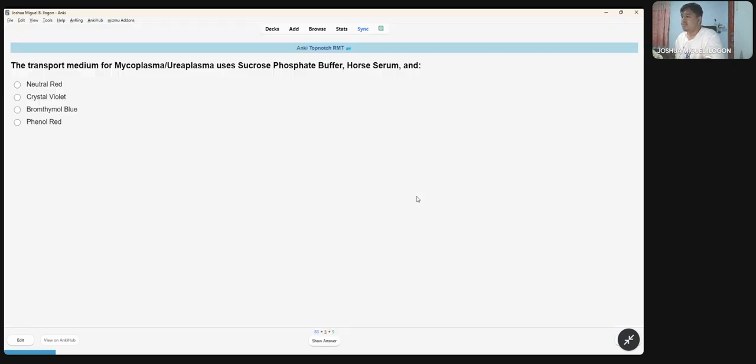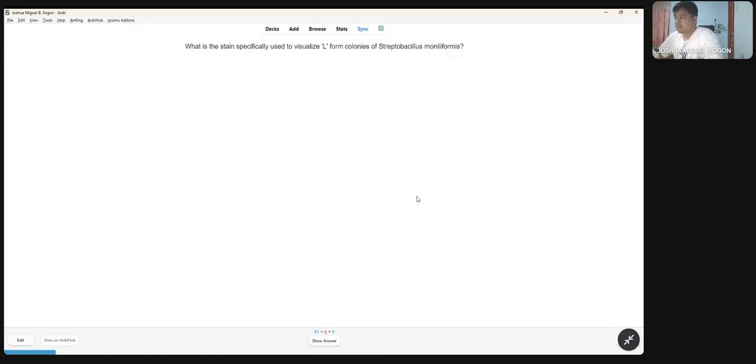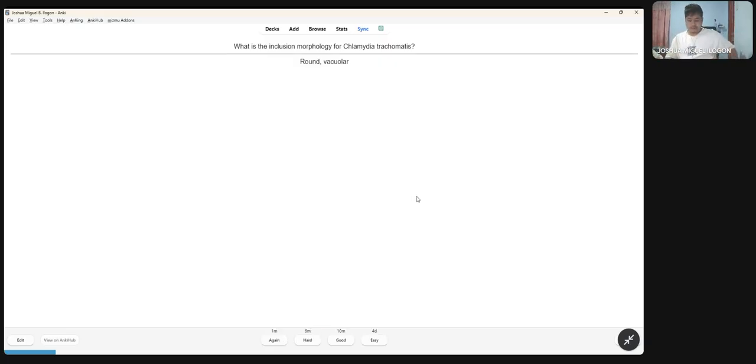Okay, sucrose phosphate buffer, horse serum, transfer medium. Okay, right. The L form of the Streptococcus. Inclusion morphology of Chlamydia trachomatis: round vacuolar, the others are up. It's getting ridiculous.